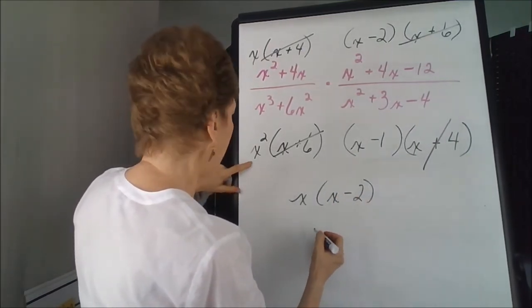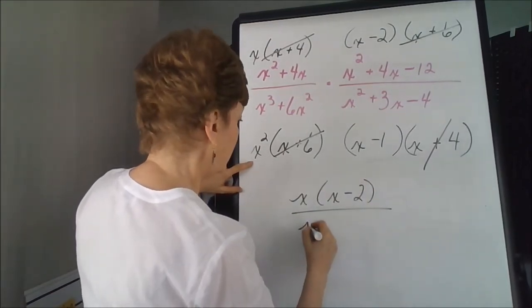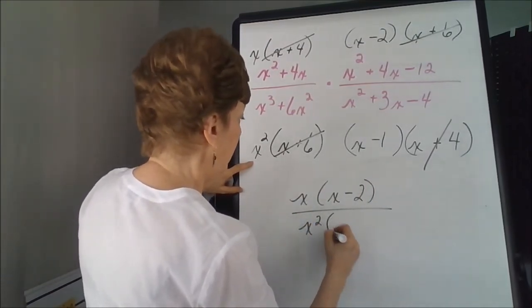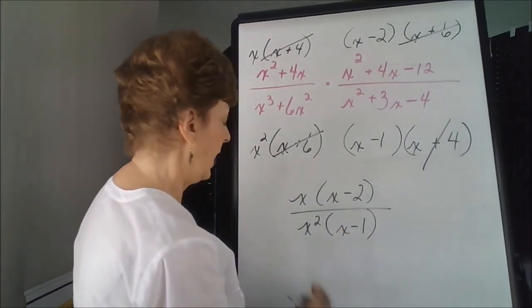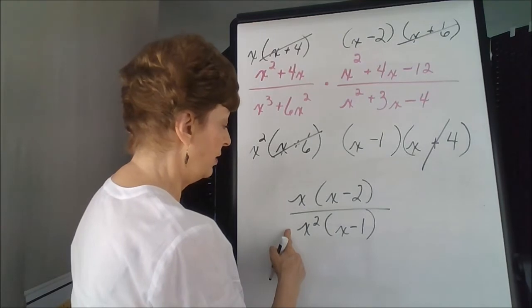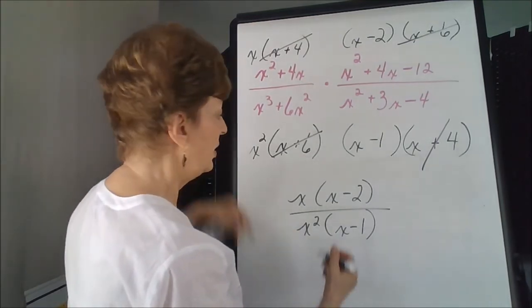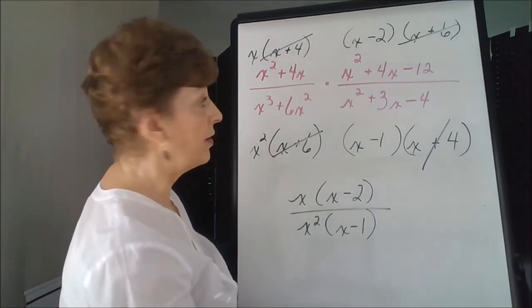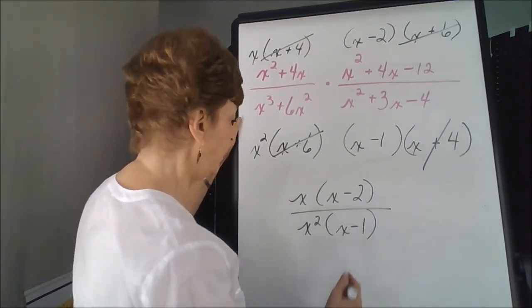And over here, I would have had an x squared and an x minus 1. And it would have been obvious to me that I could have taken out an x at this point. So if you miss it here, you might still be able to save yourself later, but it's always better to get it done on this step.